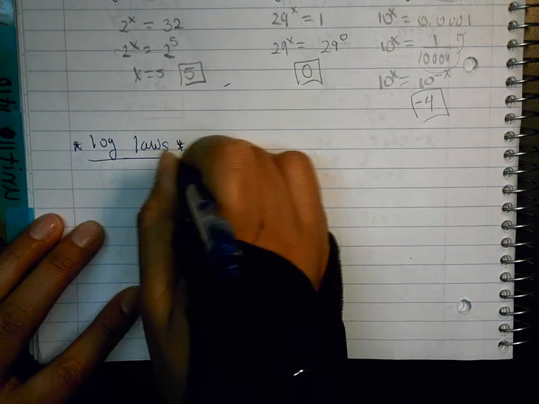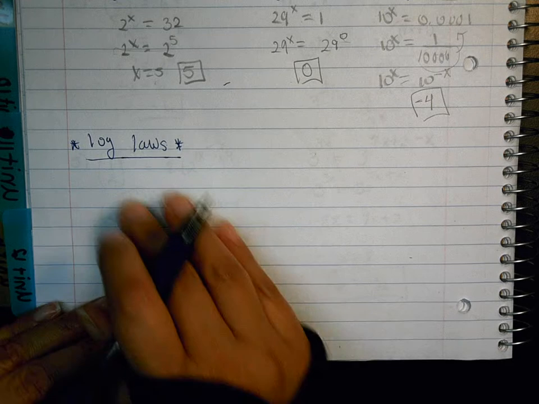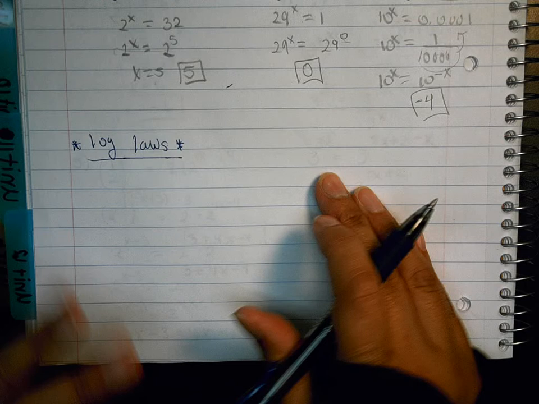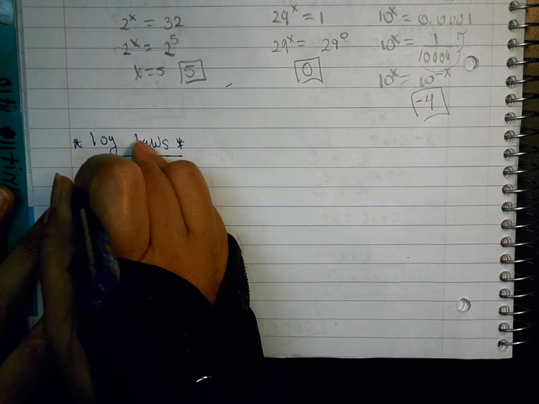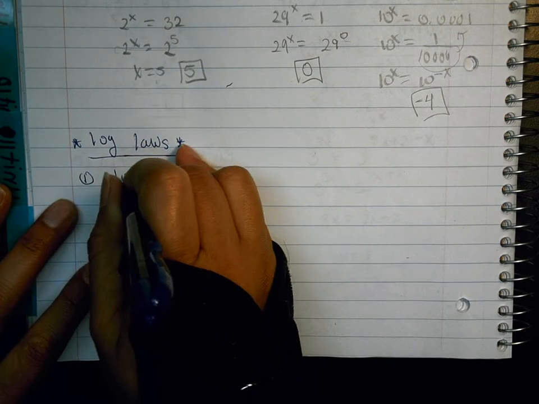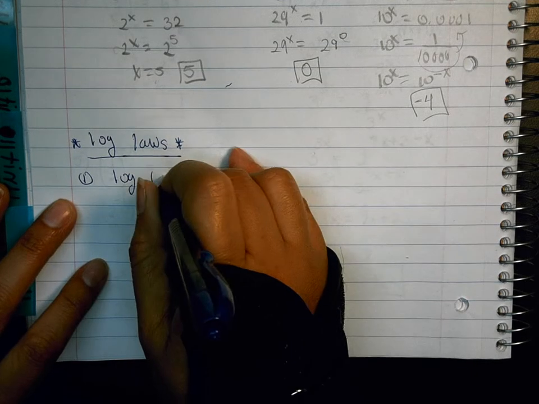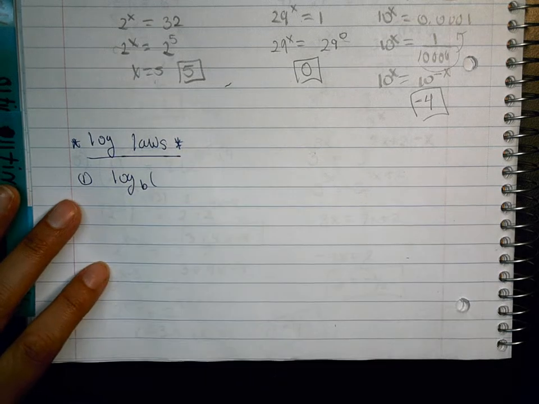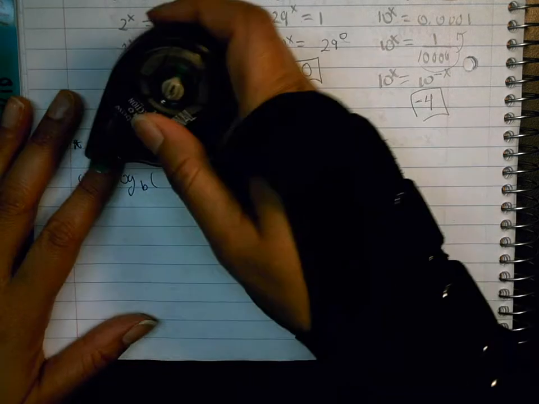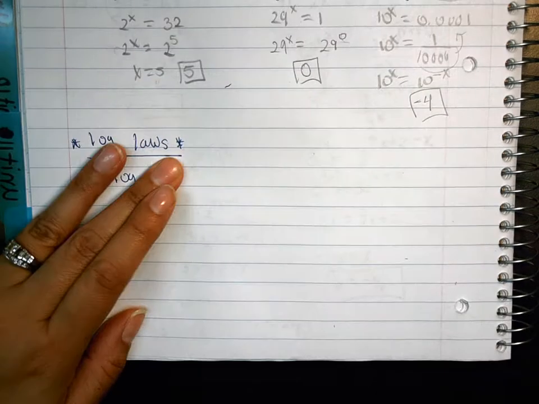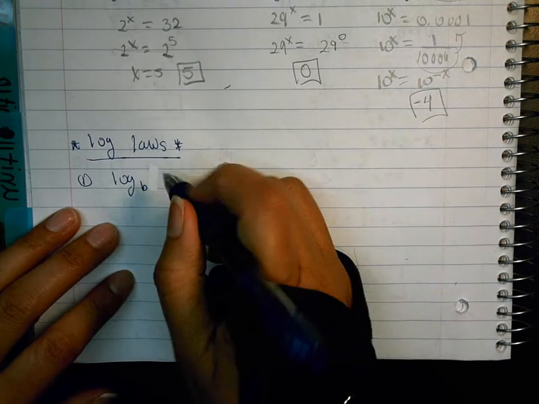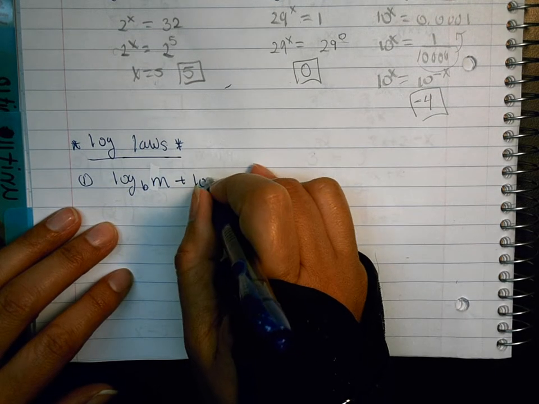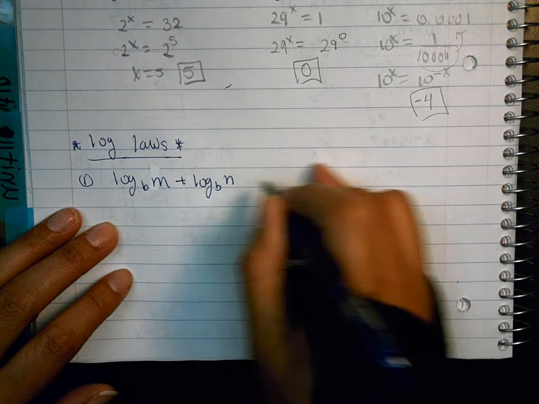Okay, here's how log laws work. You do need to have these memorized. I'm going to write them down. There's 3 of them, 1, 2, 3, and then I'll write what they equal. Number 1, log base b of m plus log base b of n.